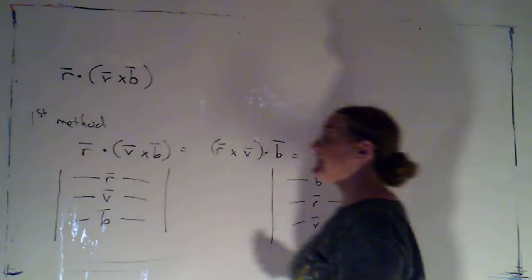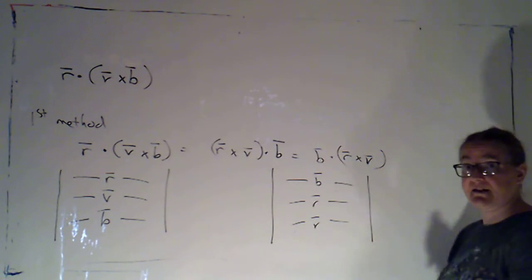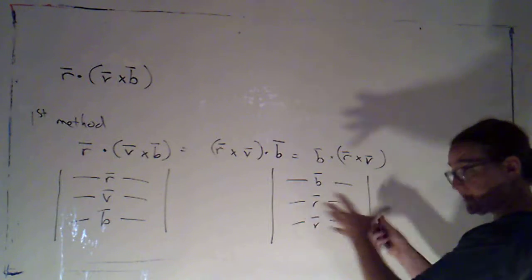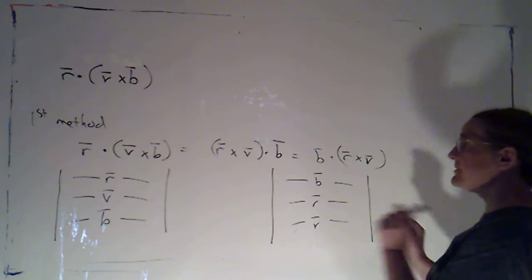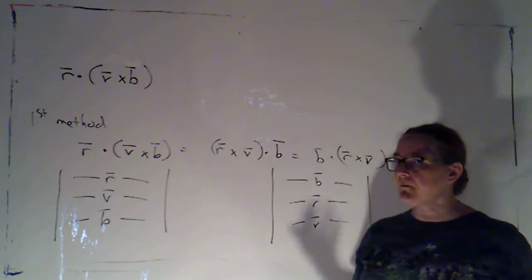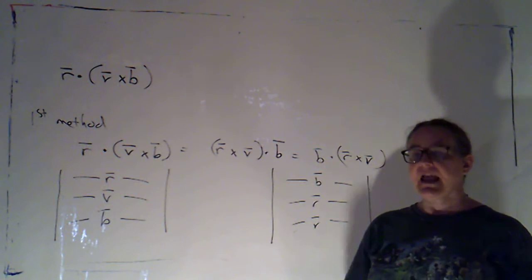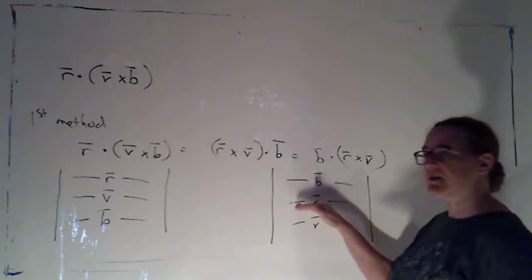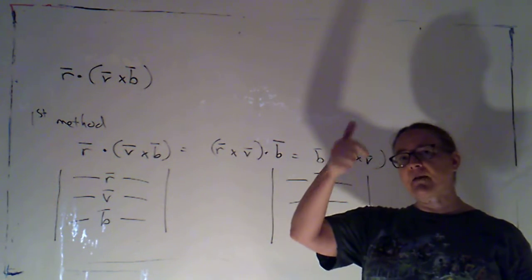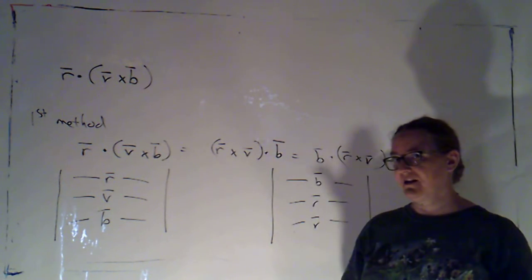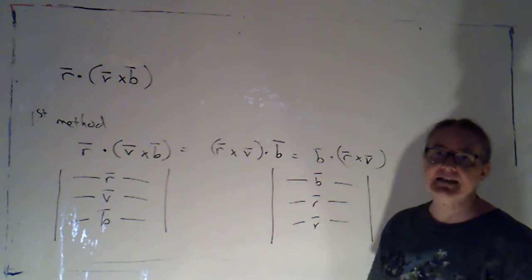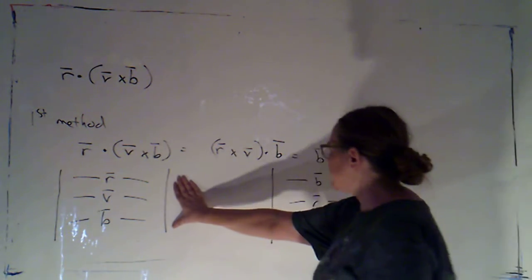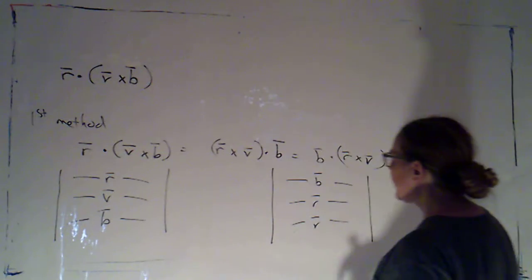Okay. What it says is, if you have two square matrices that have the same rows, but in a potentially different order, their determinants are either going to be the same or the opposite. And it depends on how you would get from this matrix to this matrix. Basically, every time I interchange two rows, I multiply the determinant by a -1. So let's say I started with this, and I wanted to get to this.